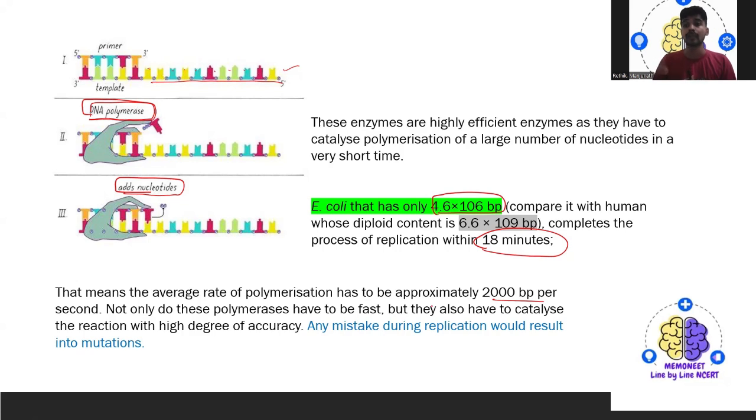That means it should add the complementary nucleotide, the complementary base pair. If there is any mismatch, a wrong match, it will lead to mutation. Any mistake during replication would result in mutation. Clear?